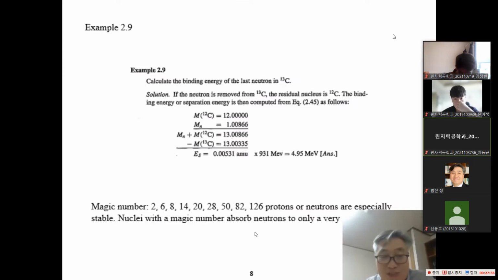Just read 2, 6, 8, 14, 20, 28, 50, 82, 126. You don't have to memorize this one, but you have to be familiar with these numbers, so read them three or four times. Okay? These are the magic numbers.